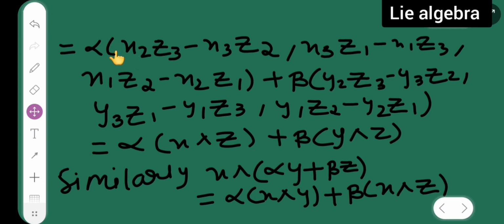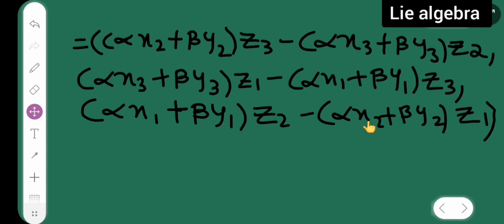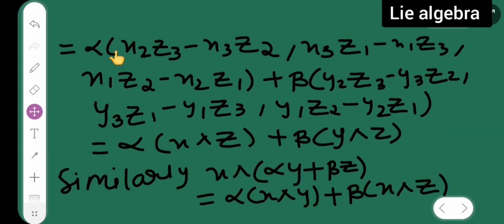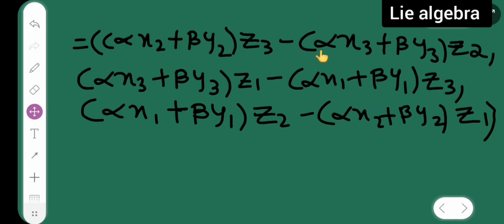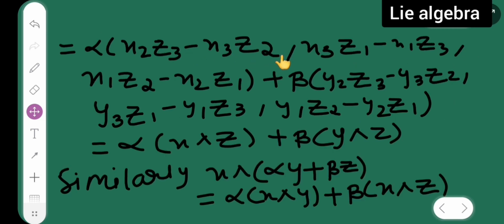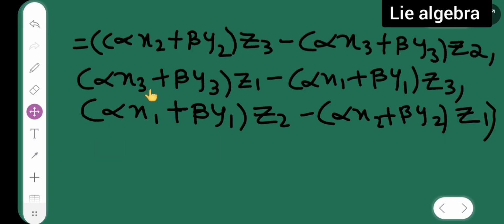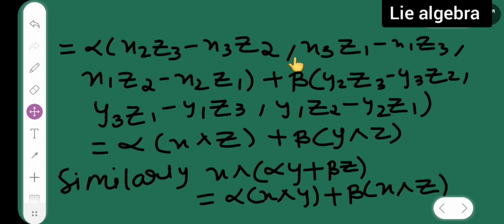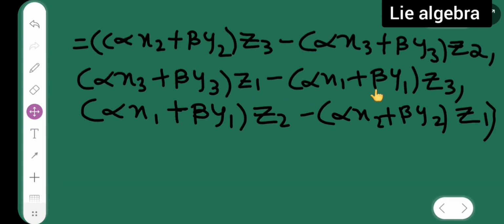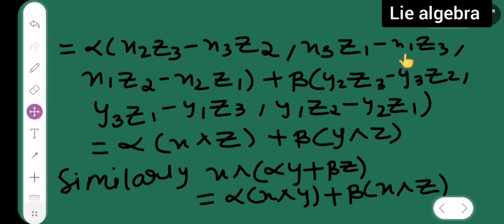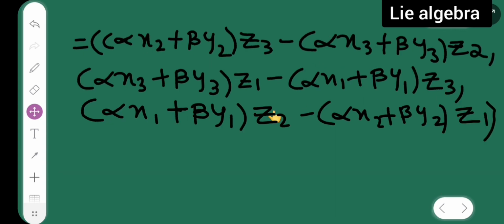Then wherever there is alpha value, like here alpha was there, right? x2 into z3, minus x3 into z2, comma, x3 into z1 minus x1 into z3, comma, then x1 into z2.